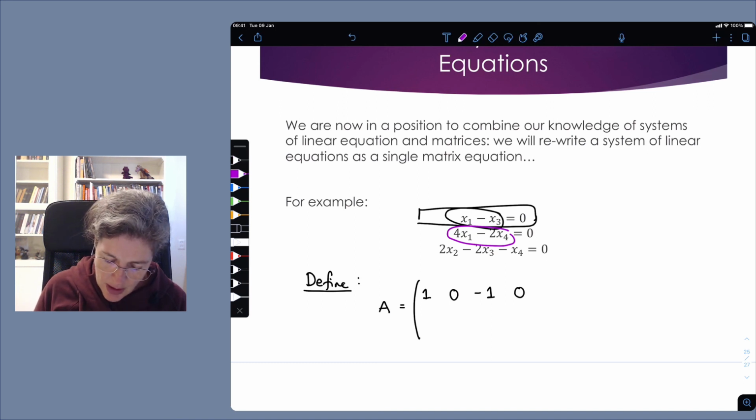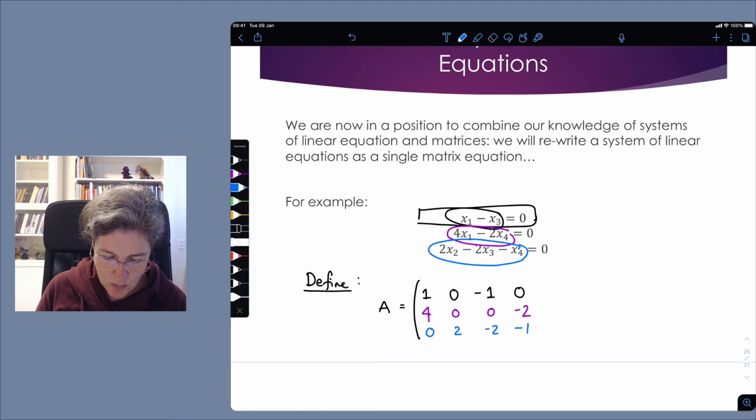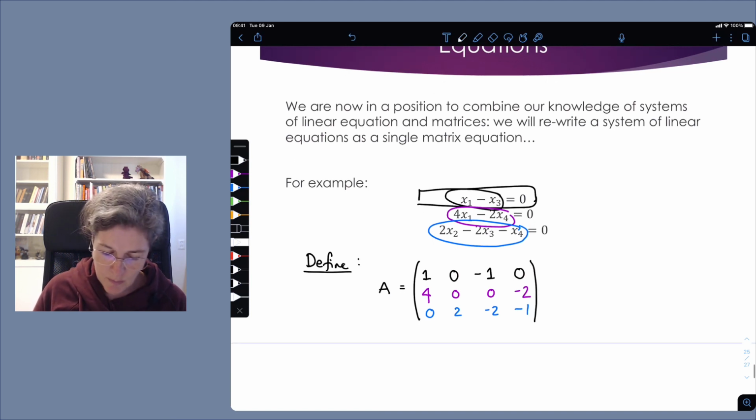Okay. Looking at our second equation, that's going to give me my second line. That's going to be a 4 and a 0 and a 0 and a -2. And if I look at my third equation, that's going to give me a 0, a 2, and a -2, and a -1. Okay.